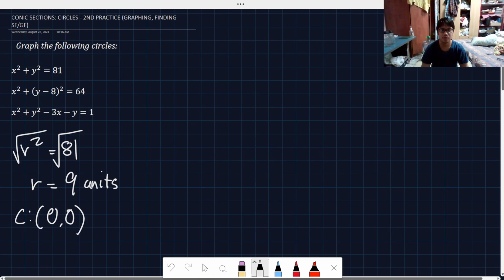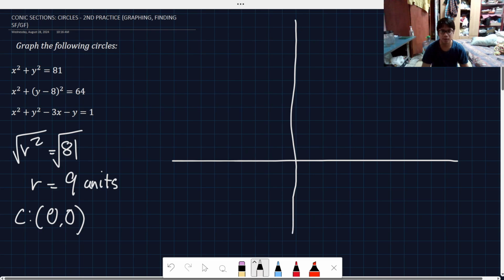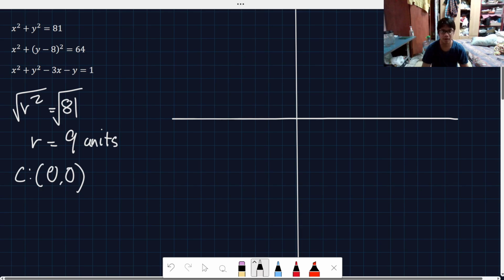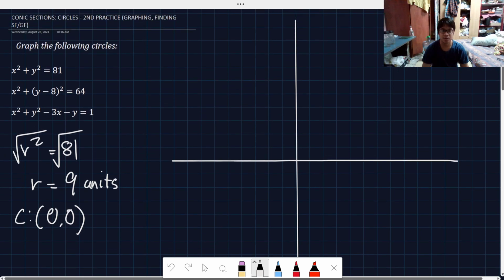Let me draw a Cartesian plane here. Let me just put it down a little bit, and there we go. Let me just put some integers here. My integers would be multiples of 1.